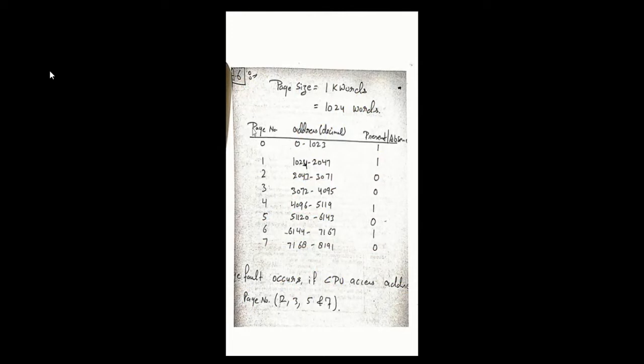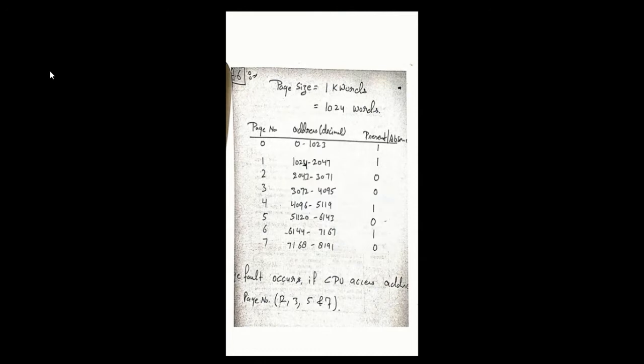You see, for these page numbers, page 0, where is it present? Page 0 is present at address 0 to 1023. Why am I writing 0 to 1023? Because the size of the page is 1024, right?